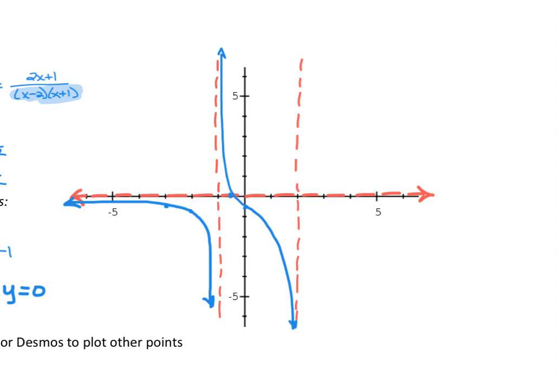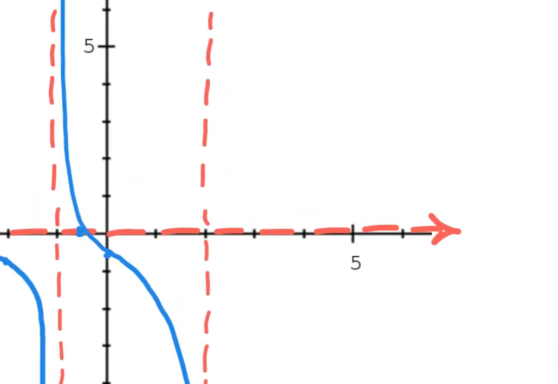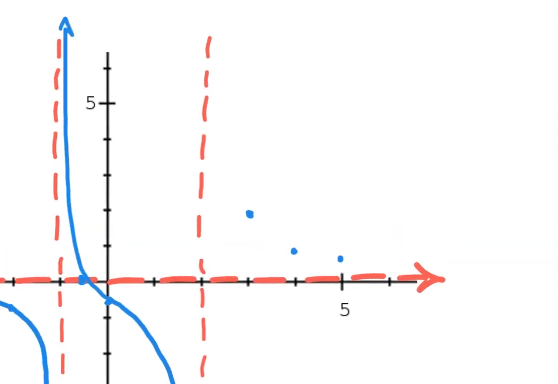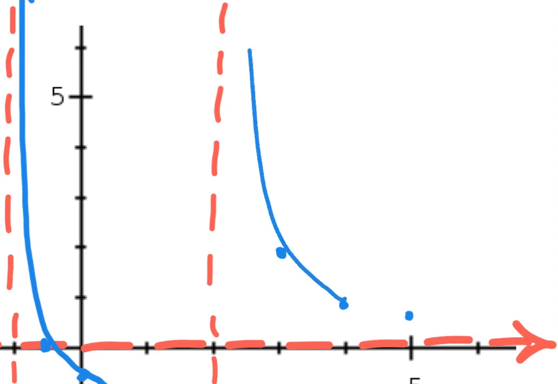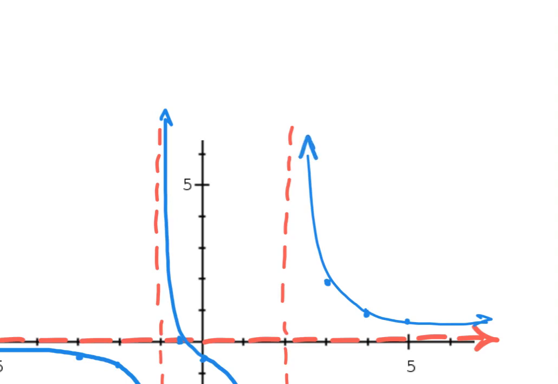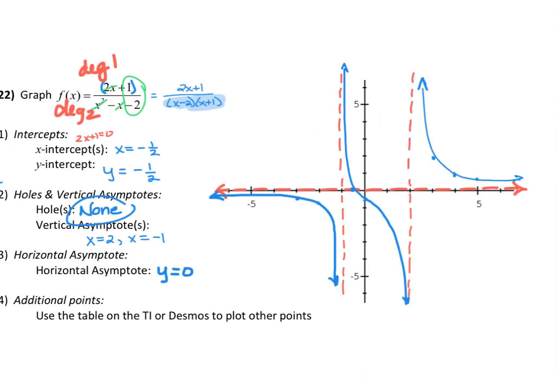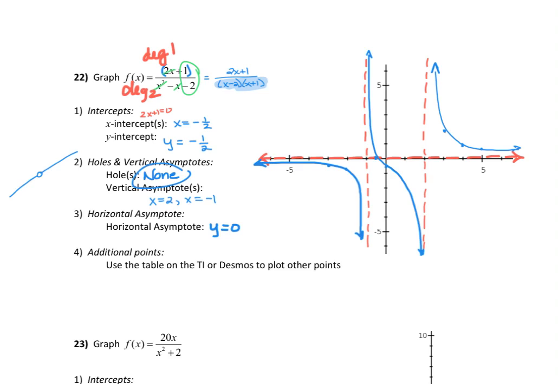And then the other points that I can graph are 3 and 1.75, which is about there, and I can graph 4 and 0.9, and I can graph 5 and 0.6, but then that gets closer and closer to the asymptote there. So that gives me the general shape of that part of the graph. And so here I'm going toward the asymptote there and up here. So this first graph should look something like that.